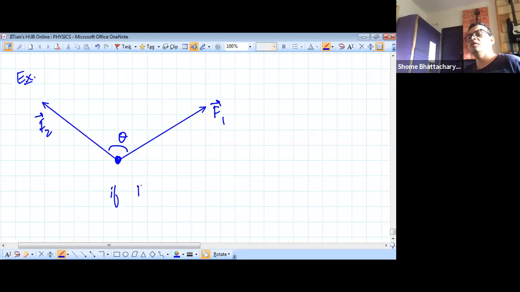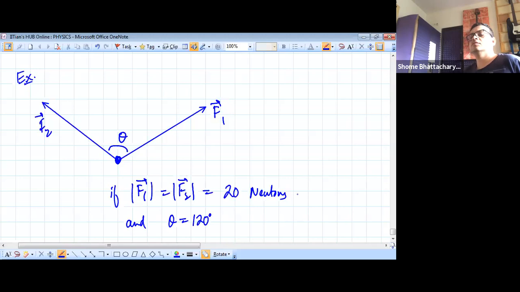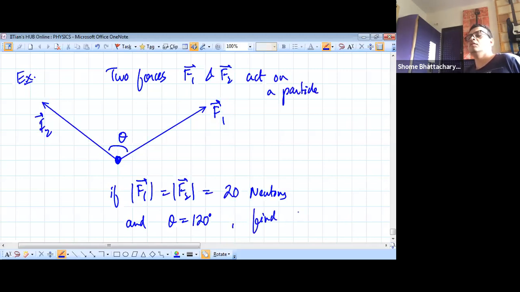If F1 has the same magnitude as F2, equal to, let us say, 20 newtons, and theta is equal to 120 degrees. So two forces F1 and F2 act on a particle. Find the magnitude of the net force and the direction of it.